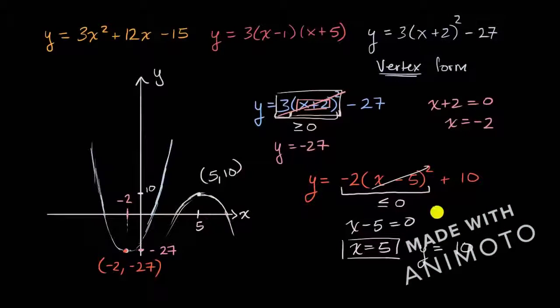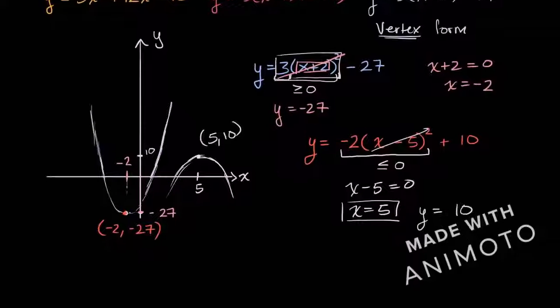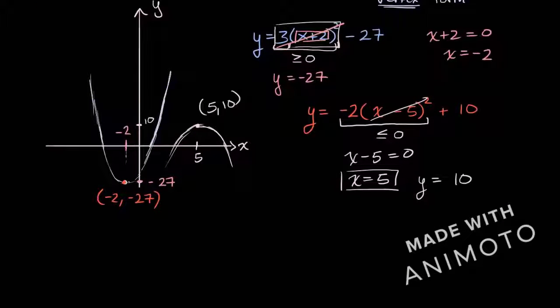Let's do one more example, just so that we get really fluent at identifying the vertex from vertex form. So let's say, I'm just going to make this up, we have y is equal to negative pi times x minus 2.8 squared plus, I don't know, plus 7.1.